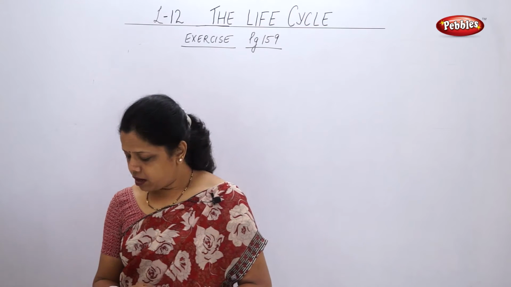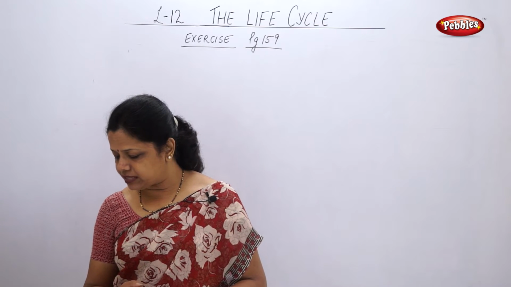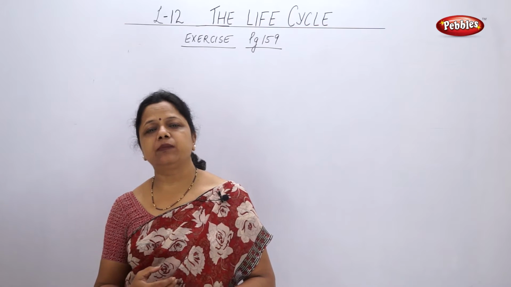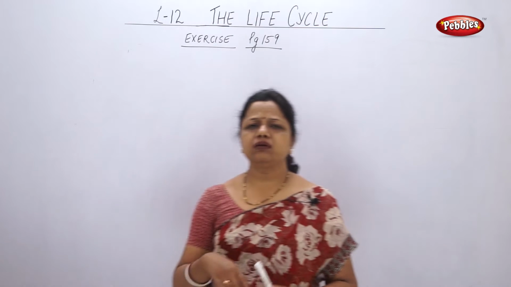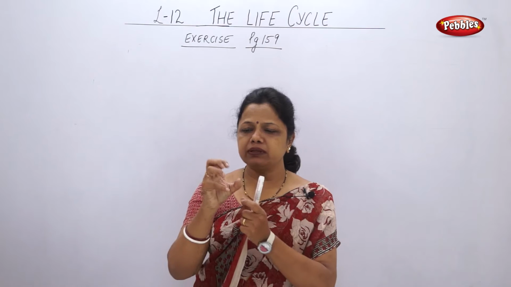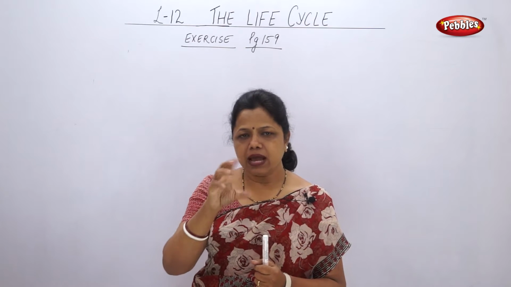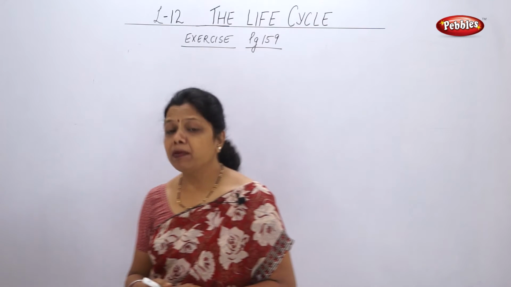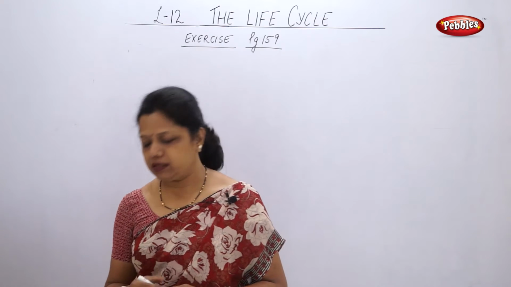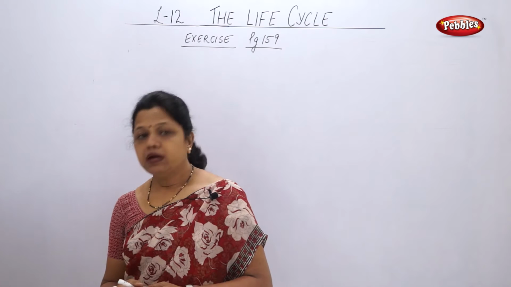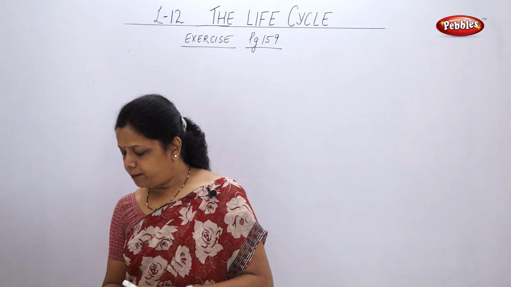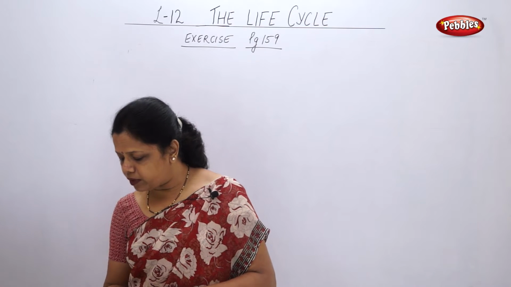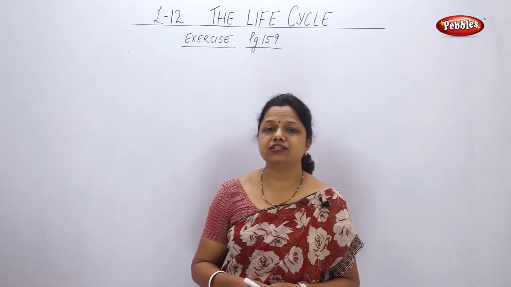Eighth one: during unfavorable conditions, dash type of fission is seen in amoeba. I told you when there are no favorable conditions, the amoeba restricts itself into a circle and then a cyst is formed. Therefore, the answer is multiple fission is seen in amoeba. Ninth one: a basic process in reproduction is the creation of a dash copy.